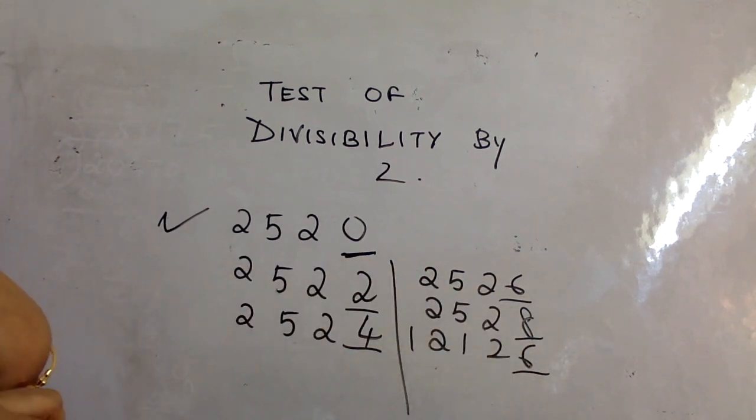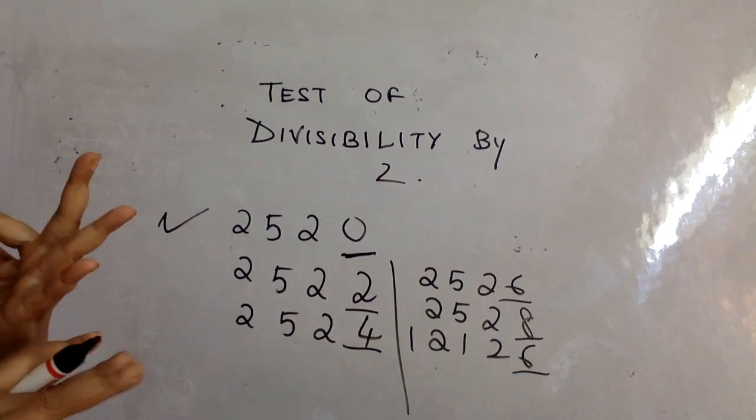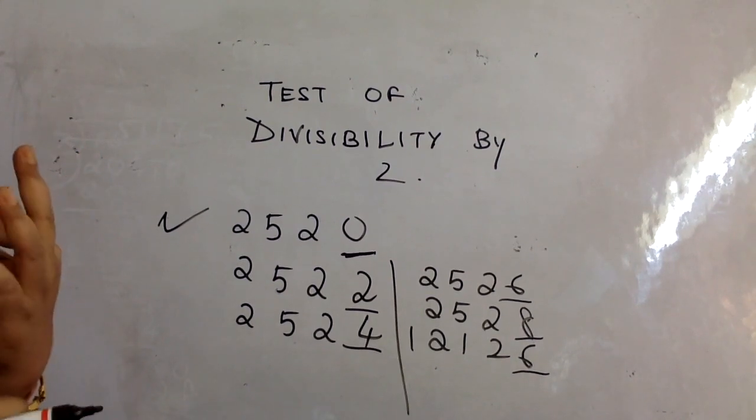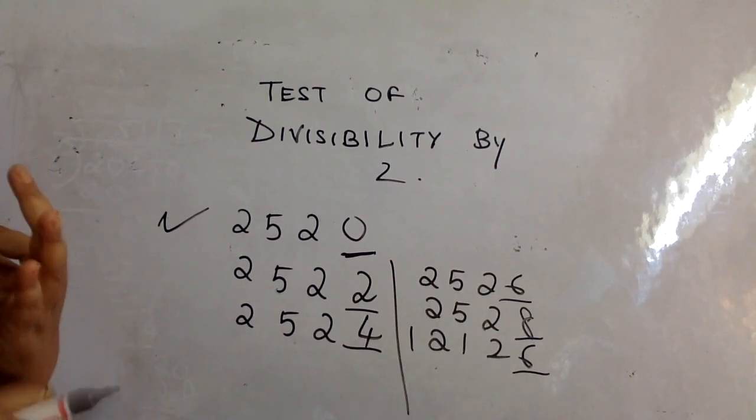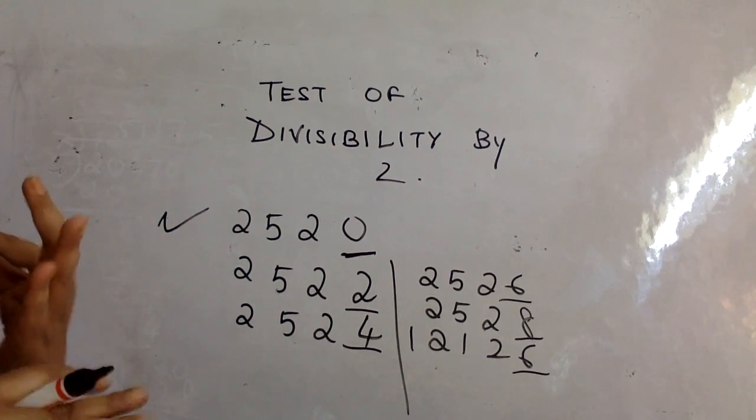Is it an even number or not? If it is an even number, then the number is divisible by 2. As simple as that. There is no calculation for this test. All you have to do is observe the number and tell whether it is divisible by 2 or not.